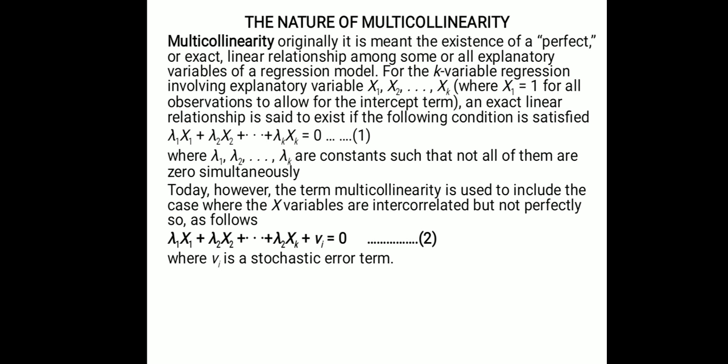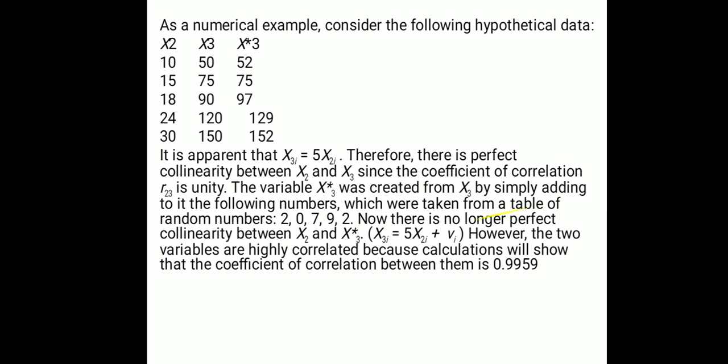So this mu i is the extra term. Let us see one example, it will be clear. In equation 1 there is no stochastic term, but here there is a stochastic term, in the sense that some error is there. Let us see the numerical example, then it will be clear.